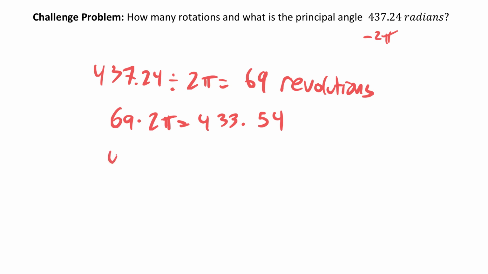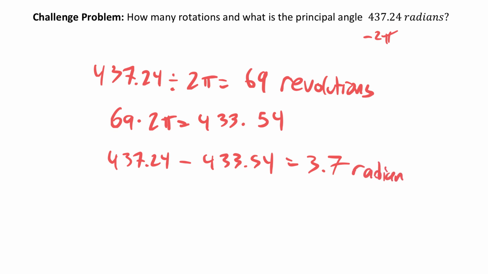So if we subtract that, 437.24 minus 433.54, that's going to give us 3.7 radians. And so again, what's the principal angle?